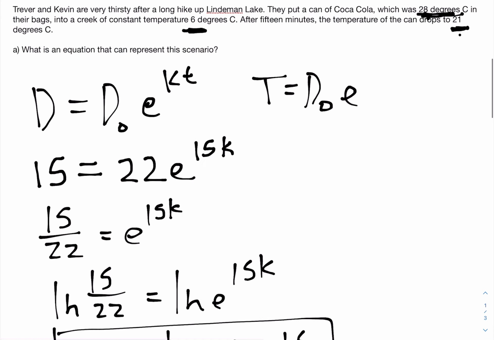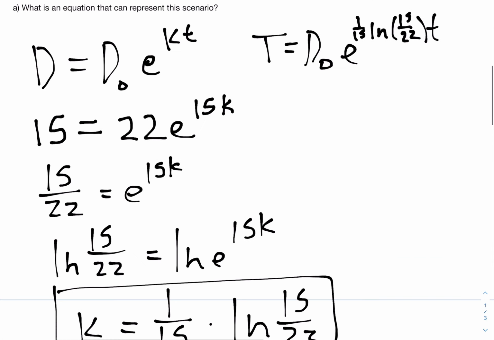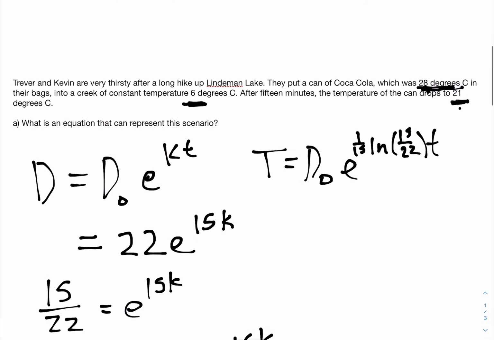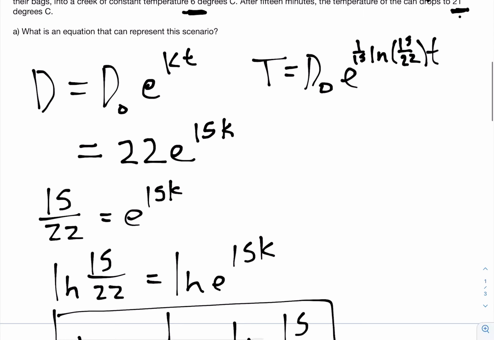It's a 15th ln 15 over 22 times t. And notice how here I said this was 15. The difference is actually, the eventual difference is 21 minus 6. So it's going to be 21 minus 6.